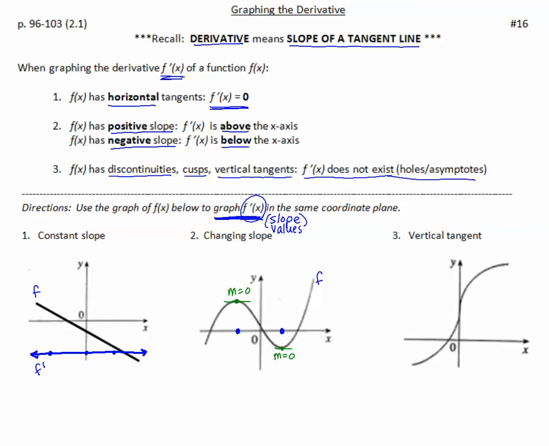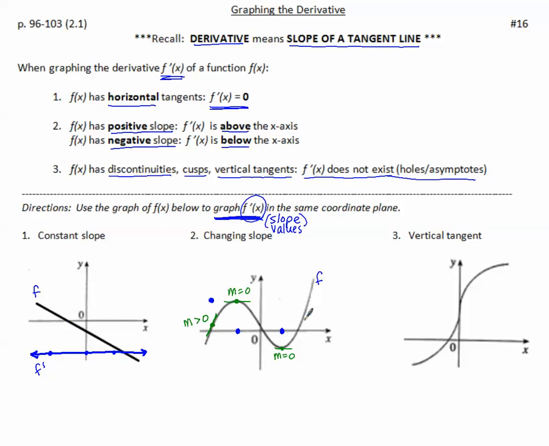We're just estimating it. So before this horizontal tangent, if I were to draw a tangent line, now I don't know exactly what that slope is, especially when I don't have numbers or grid lines, but I can tell that the slope is a positive value. This slope is greater than 0. So when I graph a point, it's going to have to be above the x-axis.